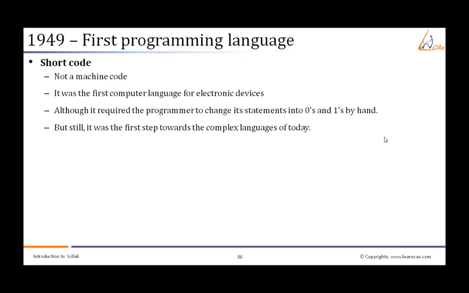Still, it was considered the first step towards the complex languages that we see today. It provided basic arithmetic and allowed for branching and calls to libraries based on John Von Neumann's principle.